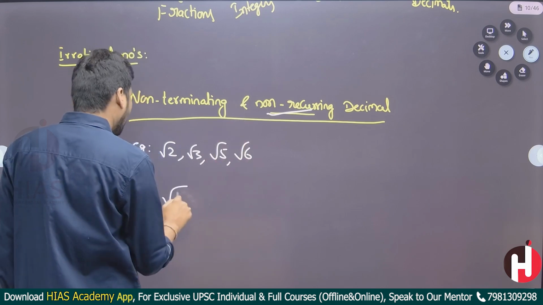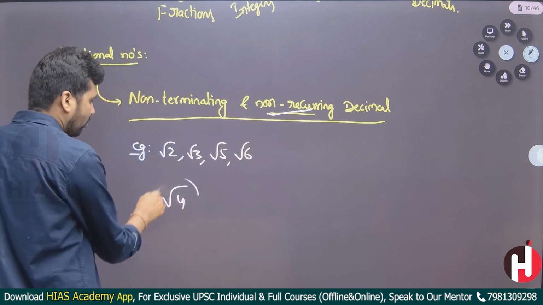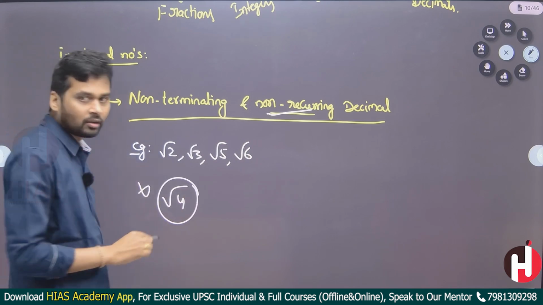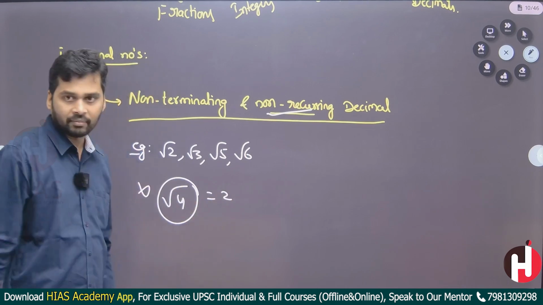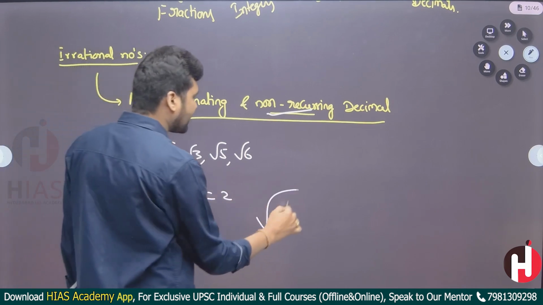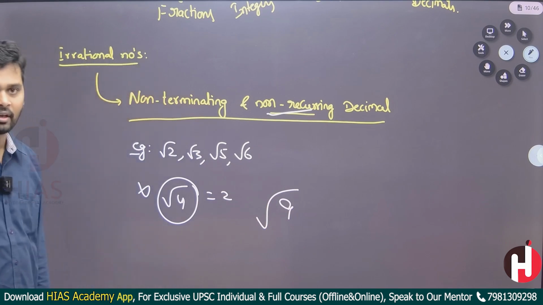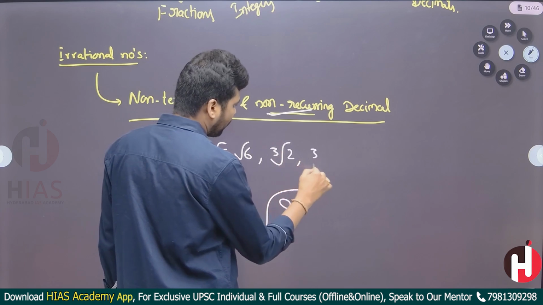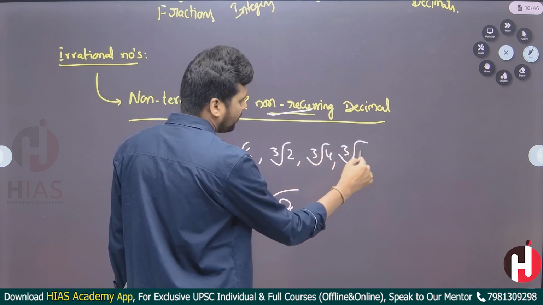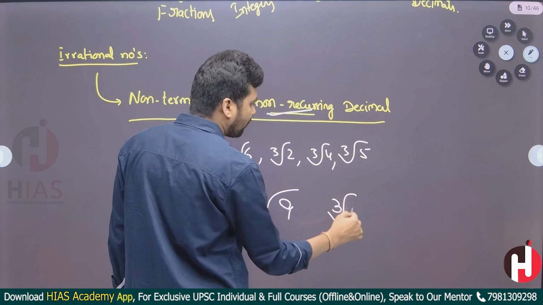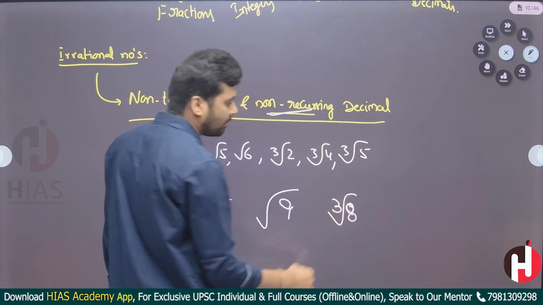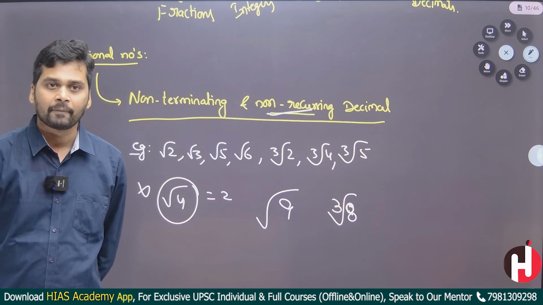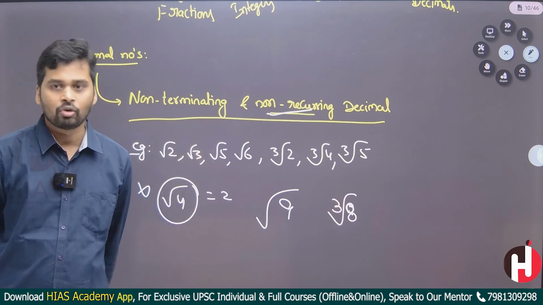But suppose you take root 4. Root 4 is not an irrational number, it is a rational number, because its value is 2, and 2 is a rational number. Similarly a perfect square like root 9 is 3. Likewise cube root of 2, cube root of 4, cube root of 5 are irrational. But the cube root of 8 is 2, since 2 cube is 8.